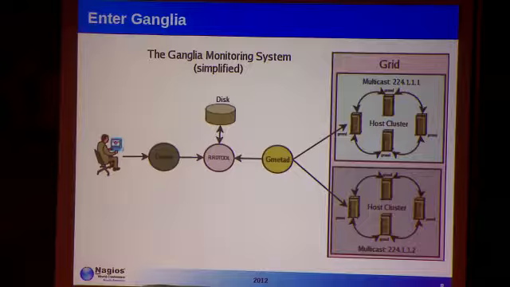And gmond is a super efficient agent. It's written in C. It uses very terse XDR protocols to do inter-host communication. Out of the box, I should say, it adds zero load to your boxes. There are ways to break that, of course, if you start introducing your own scripts and whatnot.